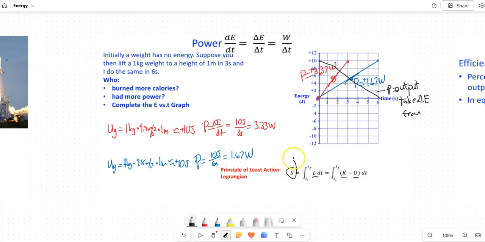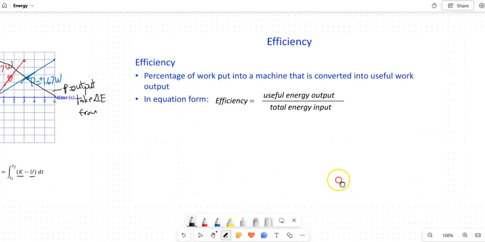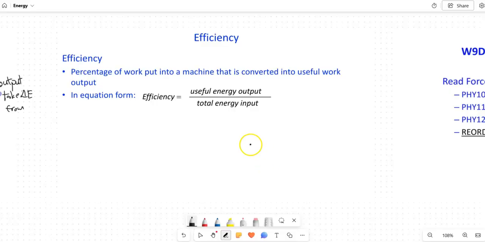Finally, with efficiency. Efficiency is the amount of energy being put out from a system over the amount of energy brought into a system, the energy output versus the energy input. So you take the total amount of energy being spent by a system over the total amount of energy that you're adding into a system. This is like fuel efficiency.